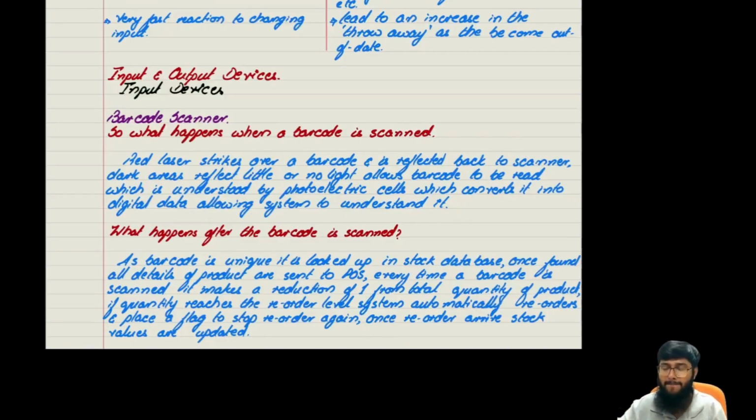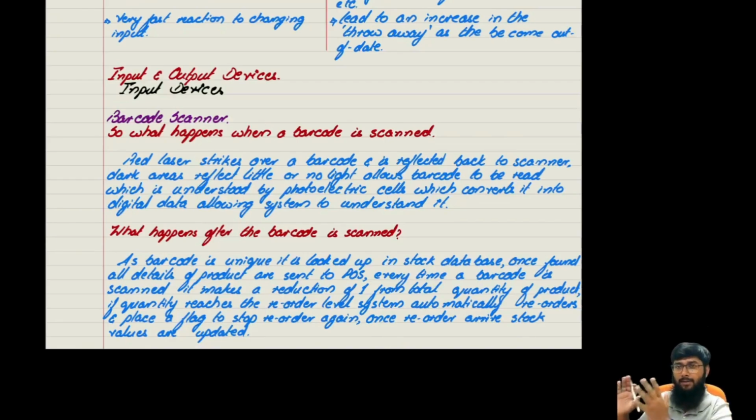There is a photoelectric cell in the barcode scanner that reads the light reflected back from the barcode, and it converts that with the help of the ADC, an analog to digital converter, into digital format and sends it to the microprocessor.